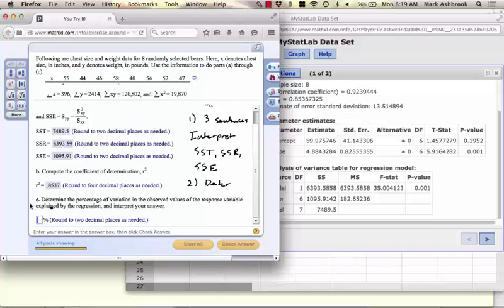Can you guys read that in the back? You can read it? Okay, good. So number 2 is going to be part C. And then number 3 is going to be to interpret that value. Okay? Go.